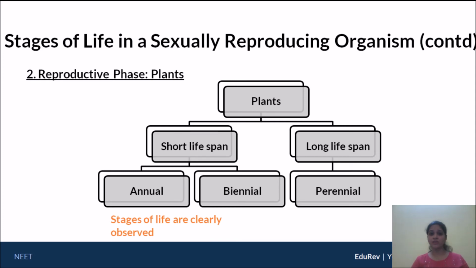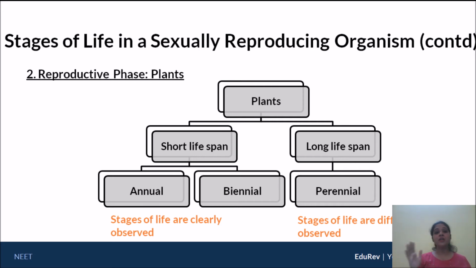You can observe it in these two. However, in a perennial, that's a problem. Since you do not know how long that plant is going to live, you may at the most observe the juvenile phase and a certain amount of the reproductive phase, but you do not know when that plant is going to die. So you will probably not be able to observe the third phase, the senescence phase.